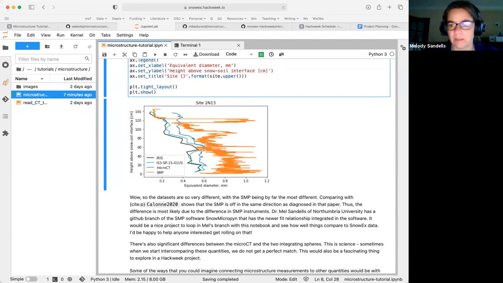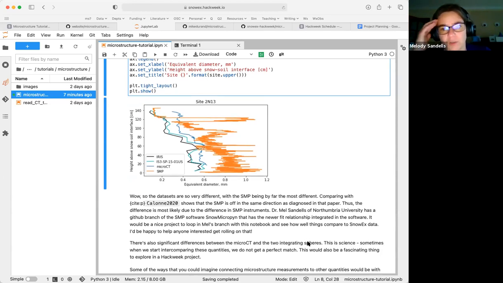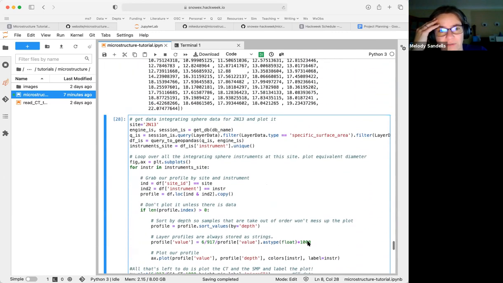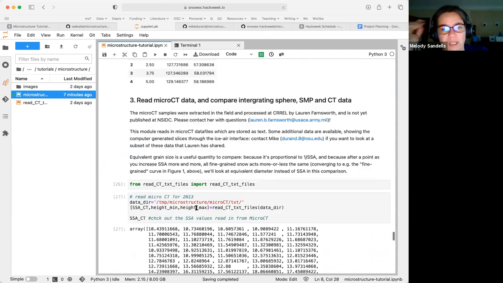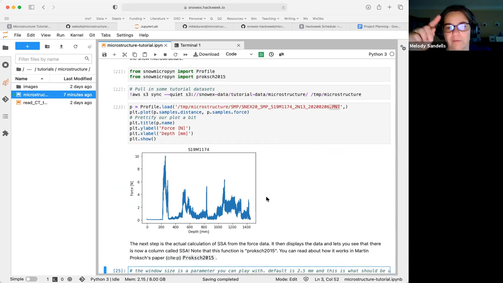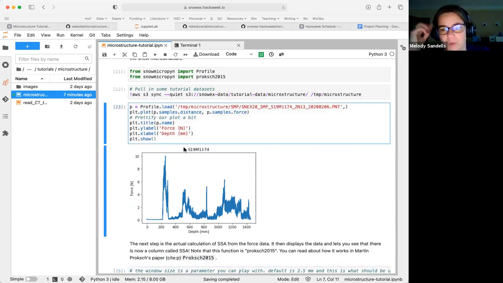Can I comment on that? Under the profile function that you call, you can do profile detect ground and detect surface. It would be interesting to compare where you think the surface and ground are from that profile with the auto picks from that function.